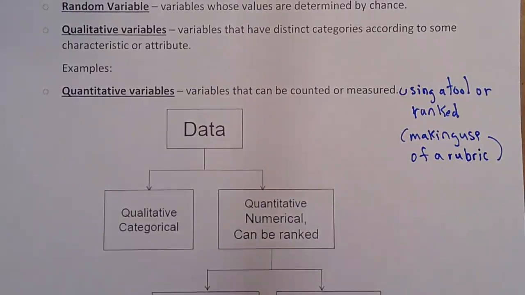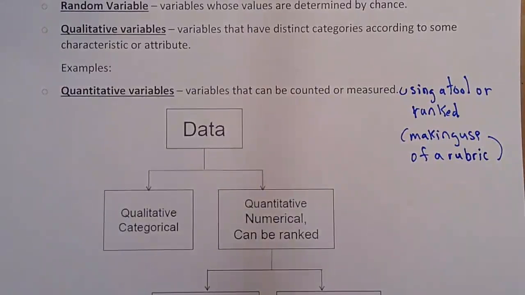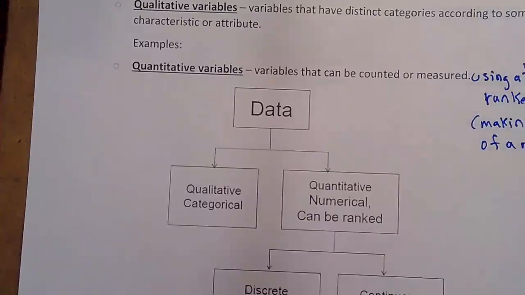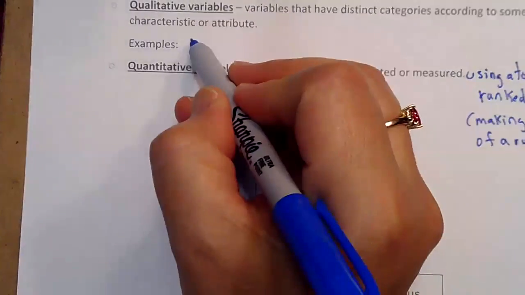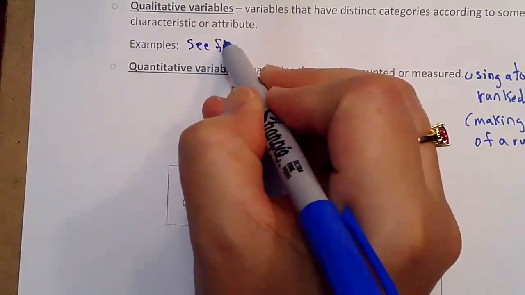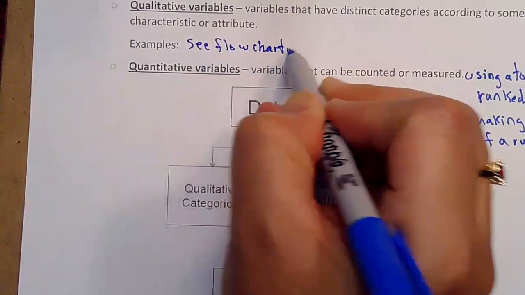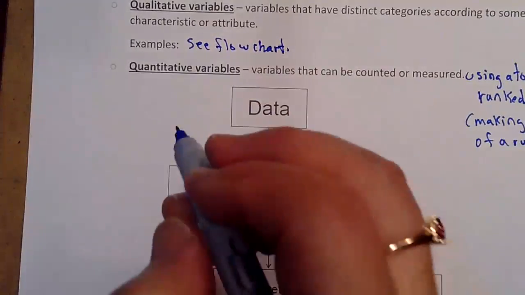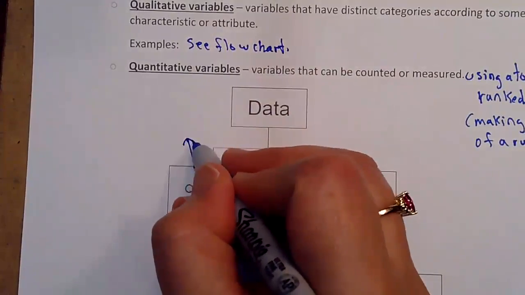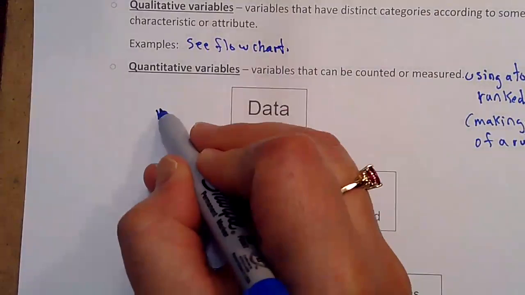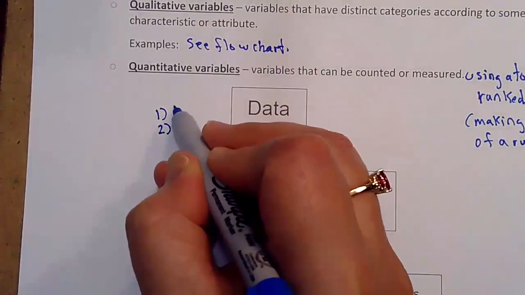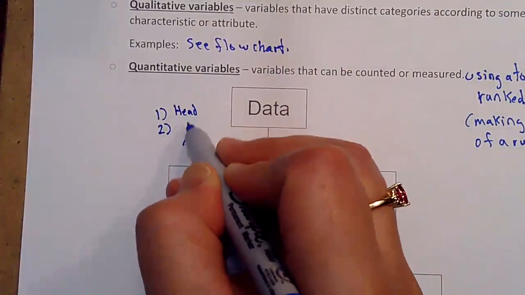And so for qualitative, examples of qualitative, I'm going to say just see flowchart. And this is considered a flowchart. So for qualitative, some examples could be something like this, even putting a 1 and a 2, and did it fall under heads?